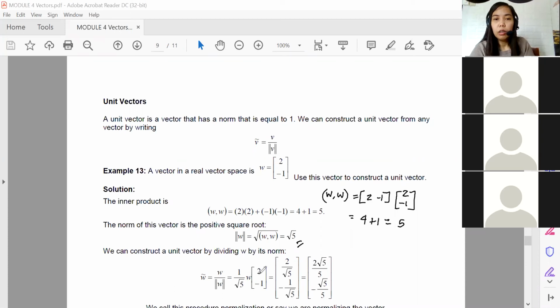Okay? And then, scalar multiplication. Multiply each component by the scalar. Bali ganito yan, class.